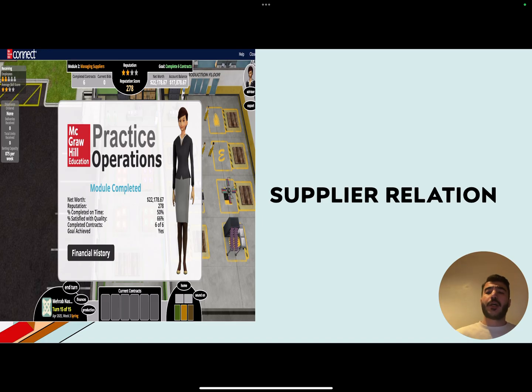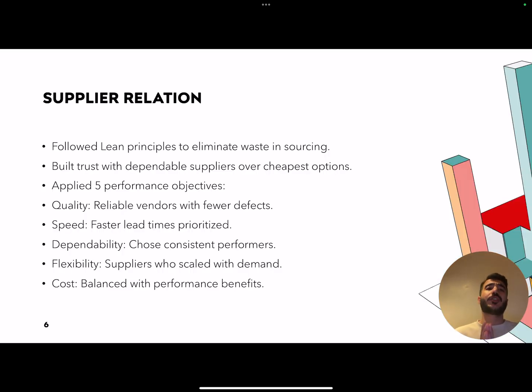And the supplier relations. On the supplier relations side, the second module challenged me to source raw materials such as cotton, denim, silk. By evaluating multiple vendors, I applied lean supply chain principles by selecting suppliers that minimize lead time, defect rates, and waste.